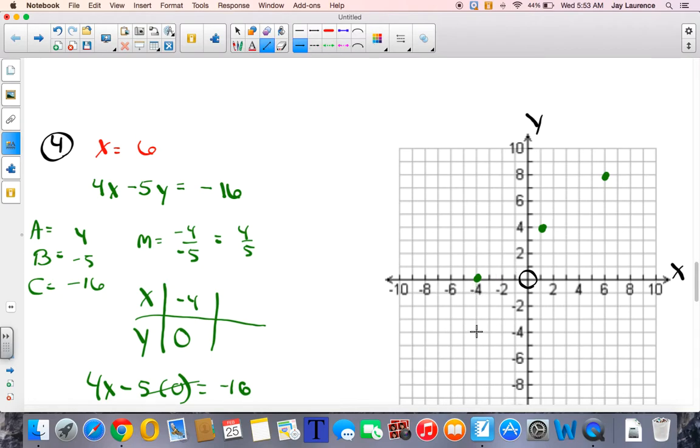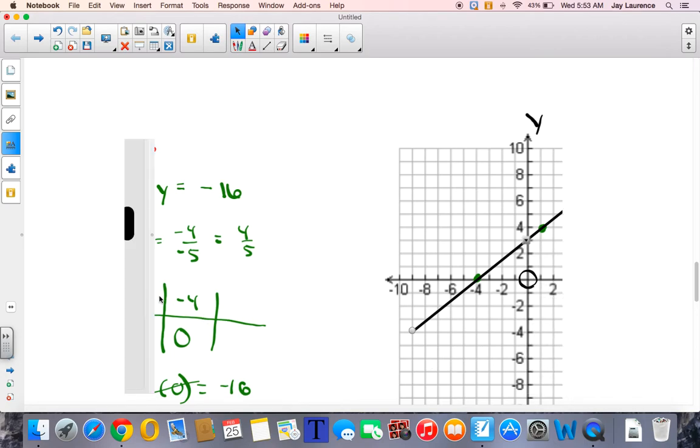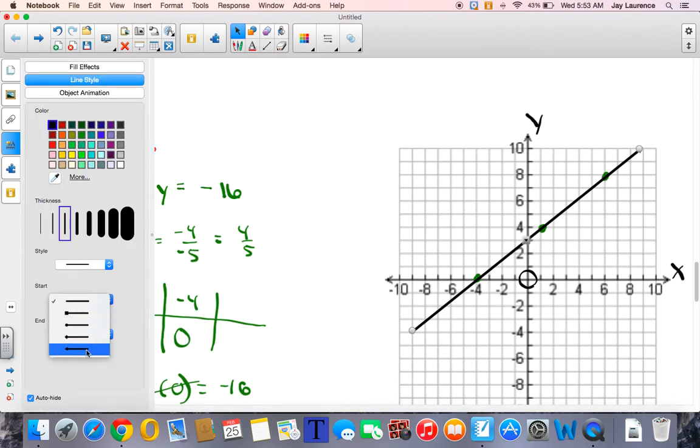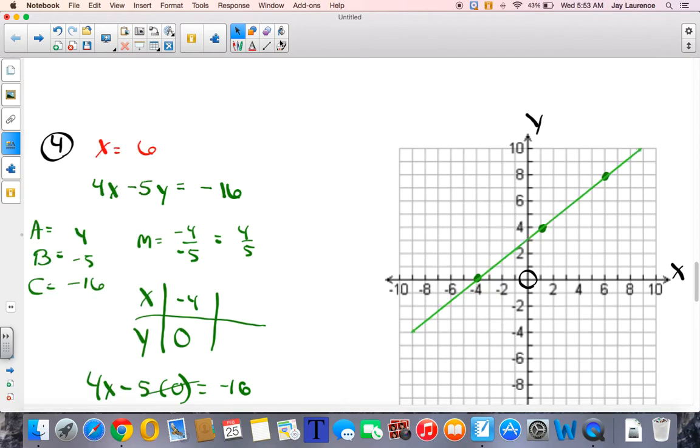I don't know if you notice, I often do that because the more points I have plotted, the easier it is for me to actually graph it. Okay. You only need 2 points to make the graph, but to make it as accurate as possible, I put more points on.